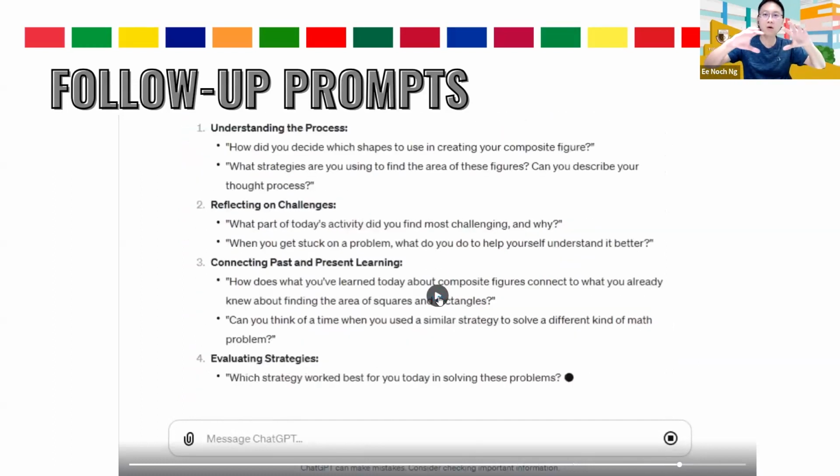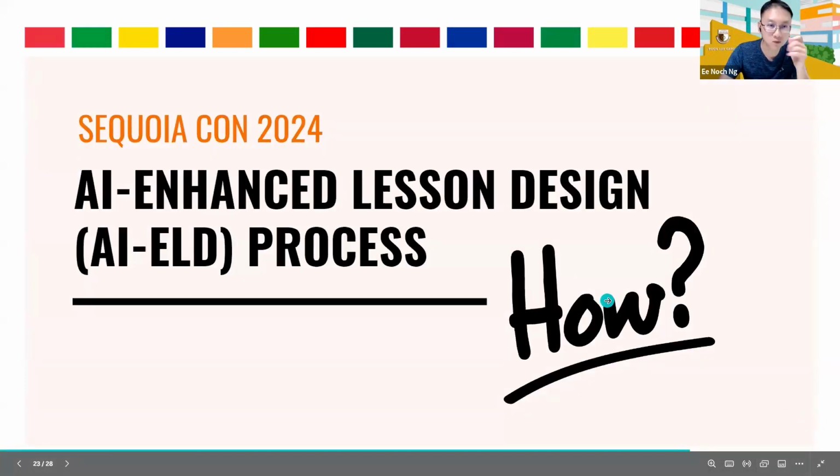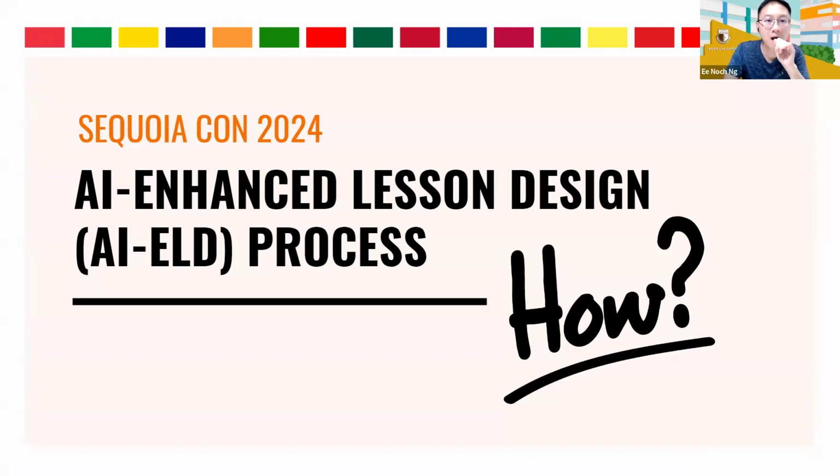So it's really after AI has come up with that original lesson design, how can I make use of AI's knowledge to continue to upgrade and refine that lesson design? Okay? Right. So I'm sure you'll be more than excited to know how you can make use of this.